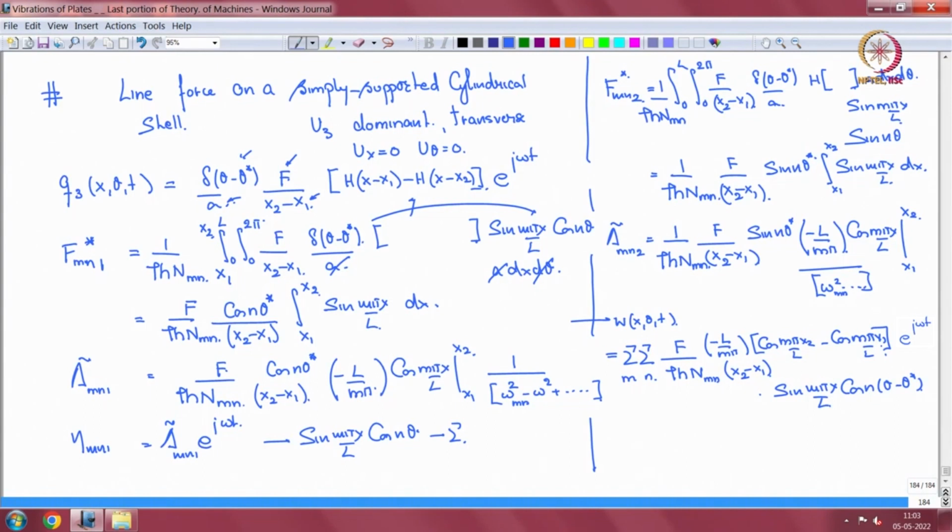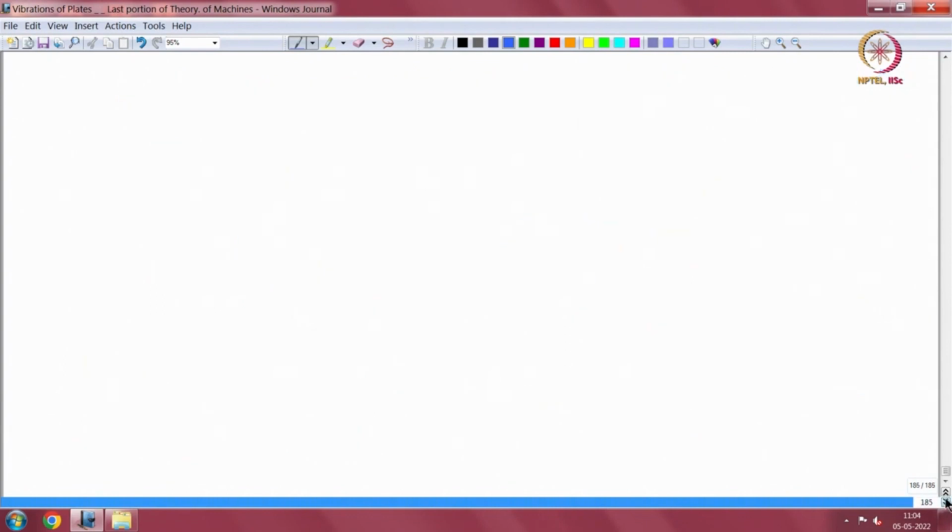Now what is this n theta minus theta star? We are getting it again and again. At theta, if you have a cos n theta minus theta star, this is a maximum at theta equal to theta star.